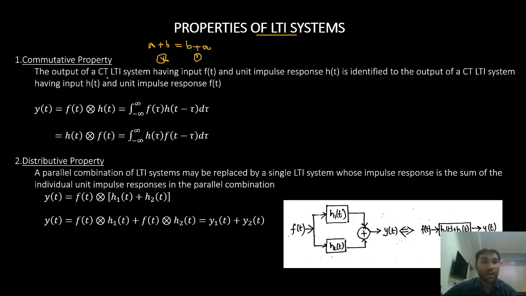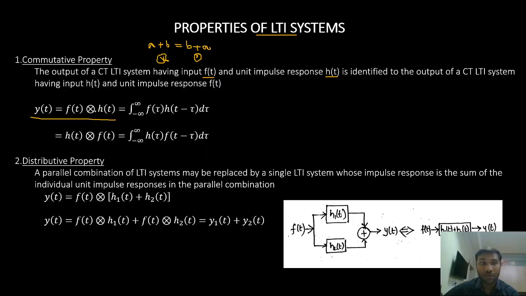The output of a continuous time LTI system, which has an input f of t and an impulse response h of t, is given as y of t equals f of t convolved with h of t.